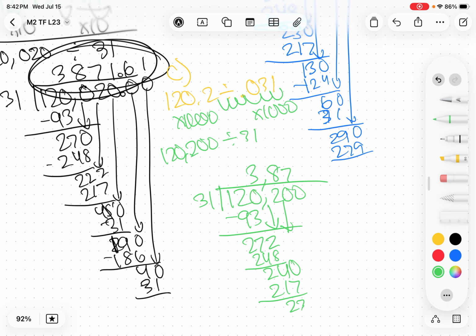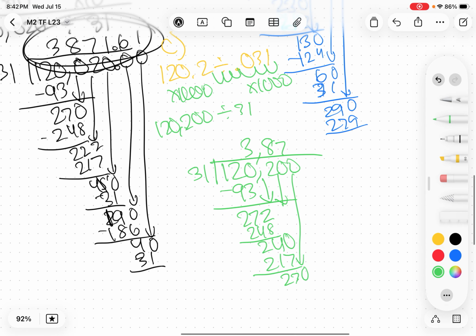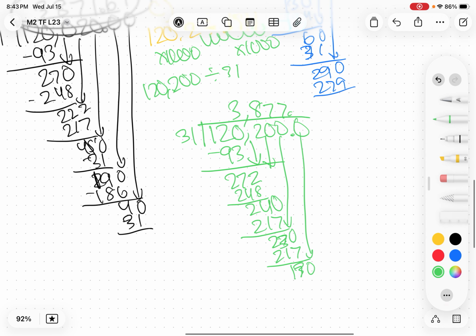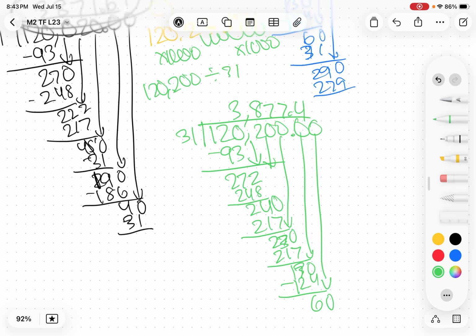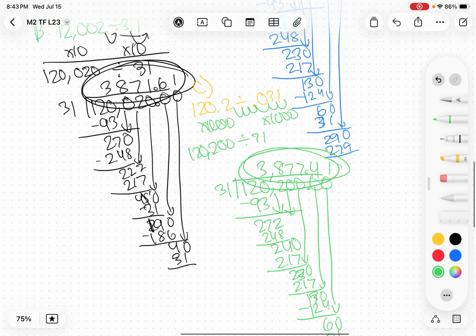Subtract, I have 23 and bring down the next 0. And then 31 would go into 230 again 7 times. I'll have 13. I'm going to add a decimal with a 0 to bring down. 31 would go into 134 times. That's 124 with a 6 left over. And then 31 would go into 61 time. And that is where I'm going to stop for banquet C.